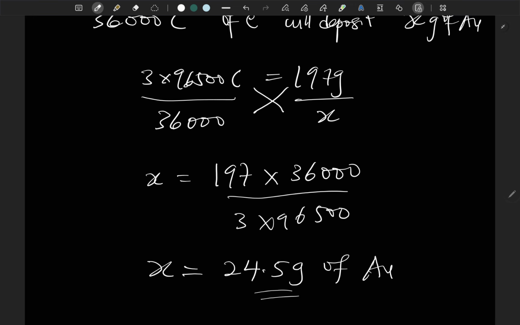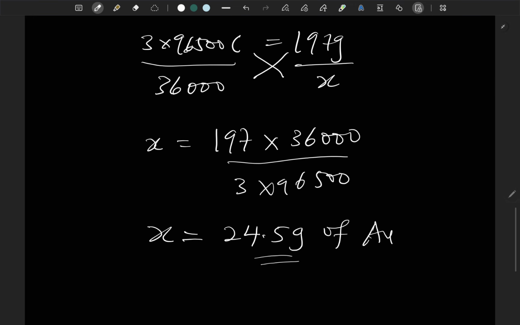So which means that 36,000 coulombs of electricity will deposit 24.5 grams of gold.